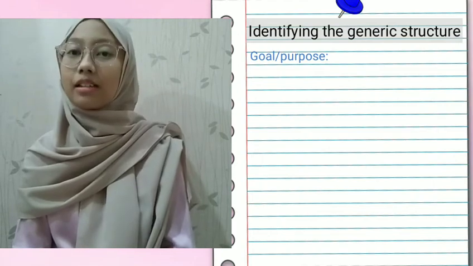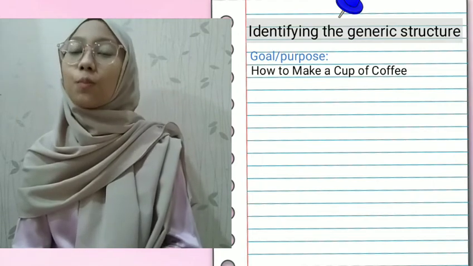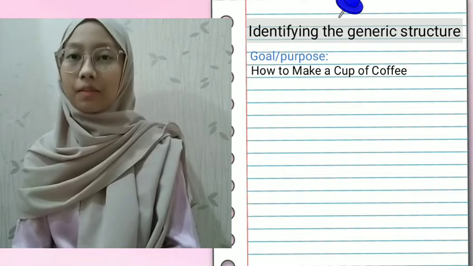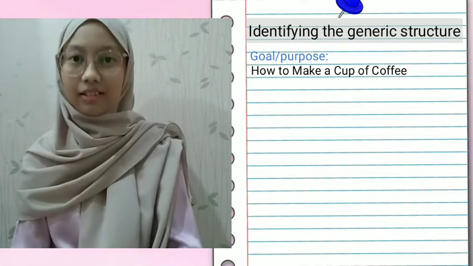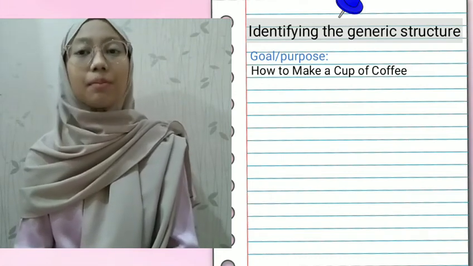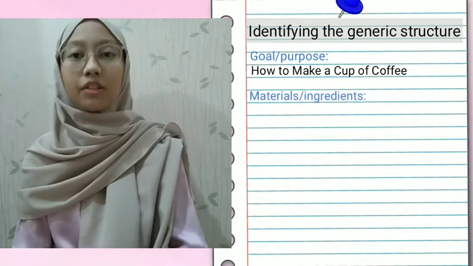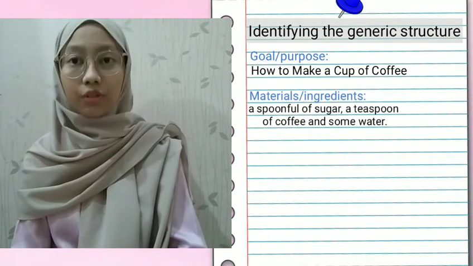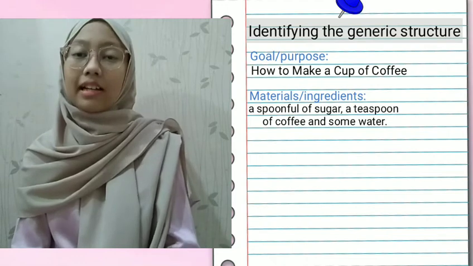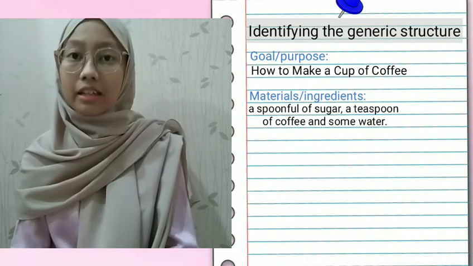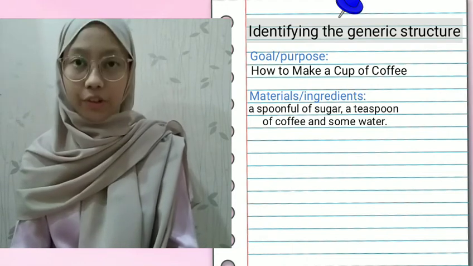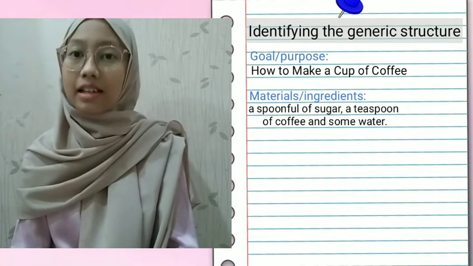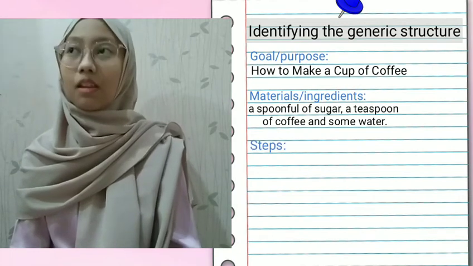The purpose is, yes, how to make a cup of coffee in the title. And then what are the materials? The materials are a spoonful of sugar, a teaspoon of coffee, and then some water. And the last is step.